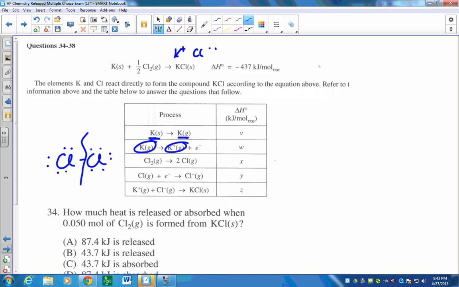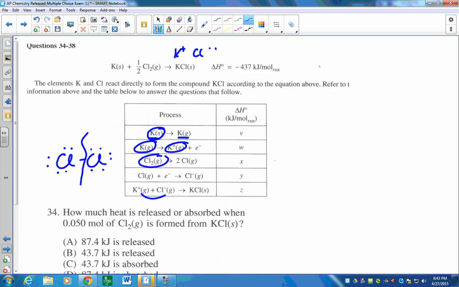And then that chlorine atom has to accept an electron to become a chloride ion, and then opposites attract, and the two gases hit, and they're so attractive that they come together and they go back to the solid. And you can see that if you added and subtracted the things on both sides, K solid plus 1/2 Cl2 gas goes to KCl solid.